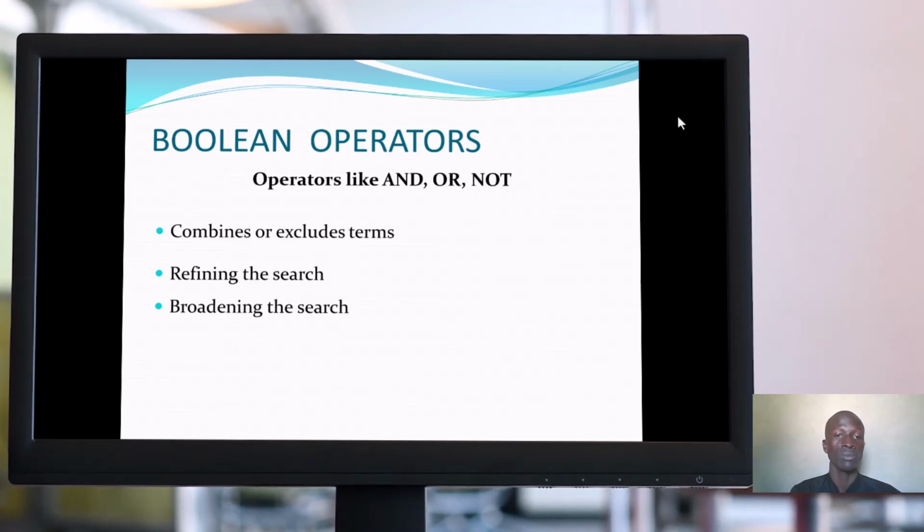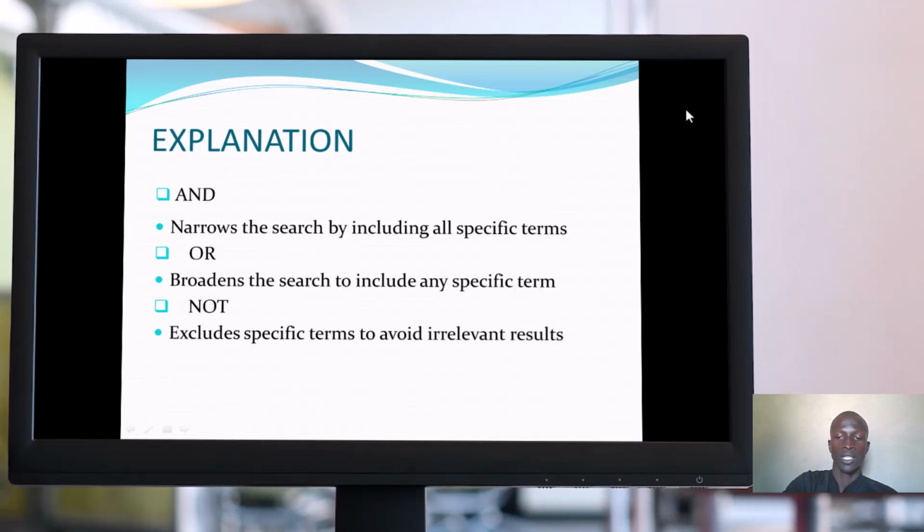The main Boolean operators that we are going to use are AND, OR, NOT. AND just narrows the search by including all specific terms. The result contains only the keywords.